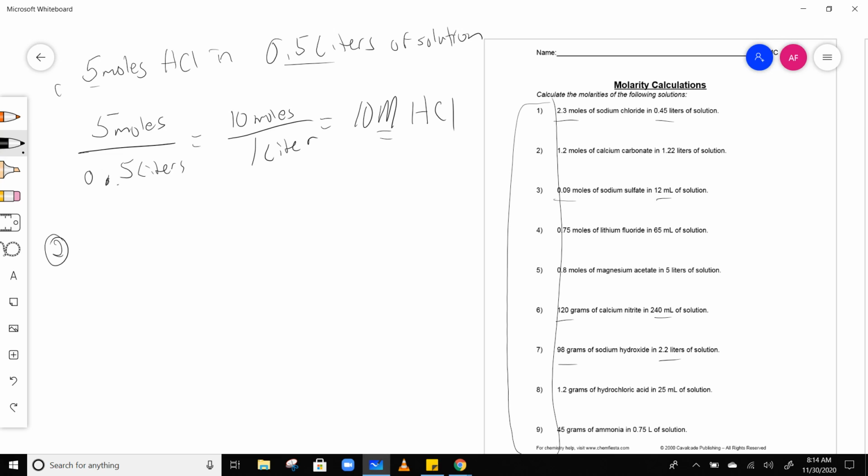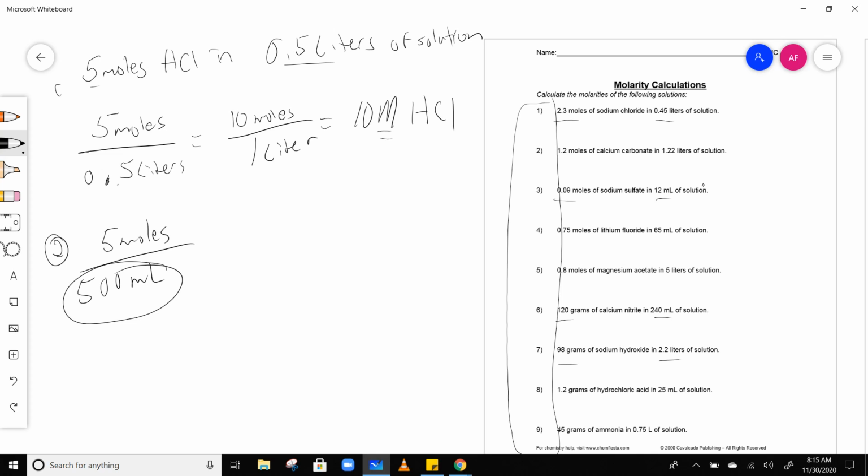Okay, so that's one example. Let's say we're given the number of milliliters instead. Let's say, for example, we're given 5 moles in 500 milliliters. This is the same problem. What we need to do first is convert these milliliters to liters. In order to convert milliliters to liters, you could do it one of 2 ways. You can leave it in this form here, or we can convert it.